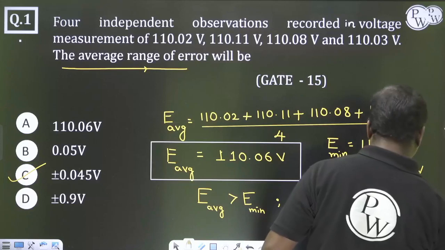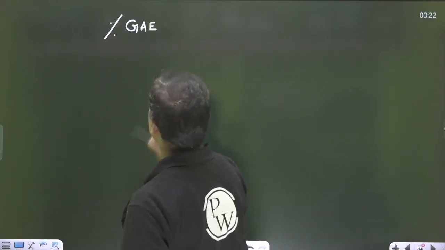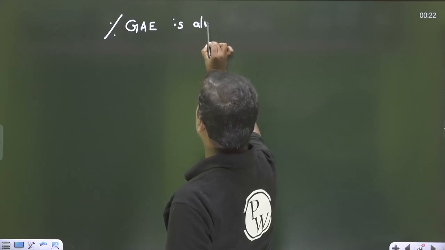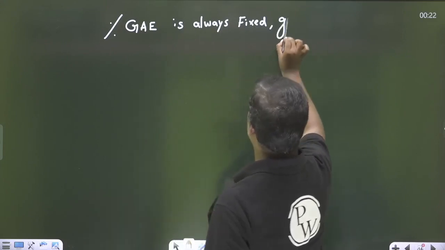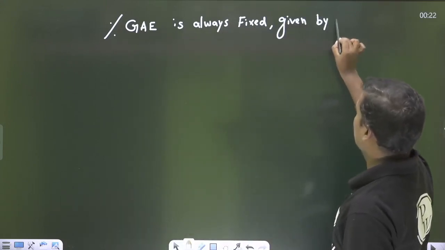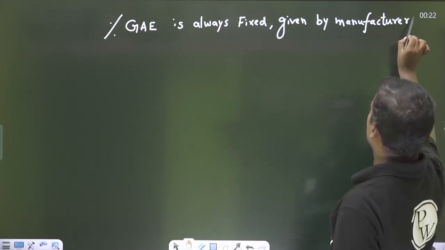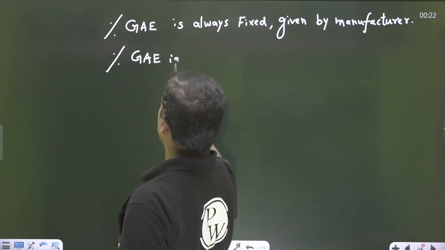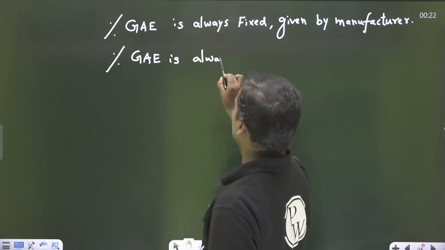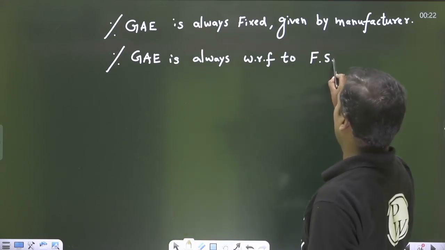Let me write some conclusions here. Percentage of guaranteed accuracy error is always fixed, given by the manufacturer. Percentage of guaranteed accuracy error is always with reference to full scale value.